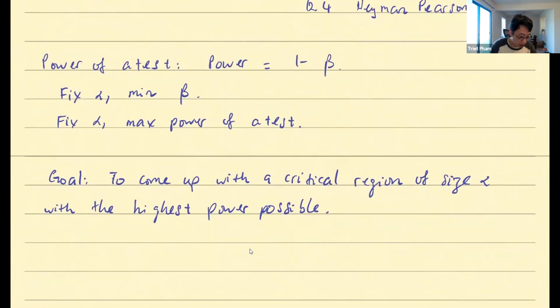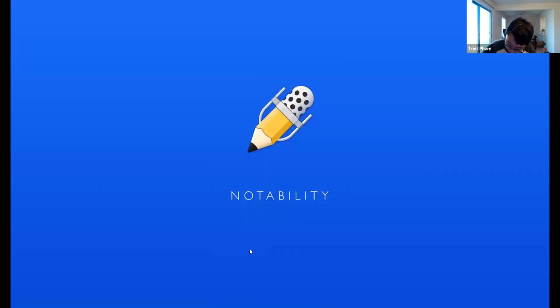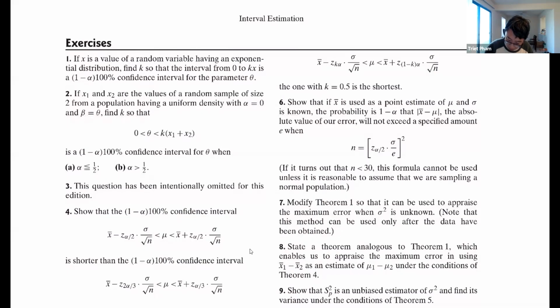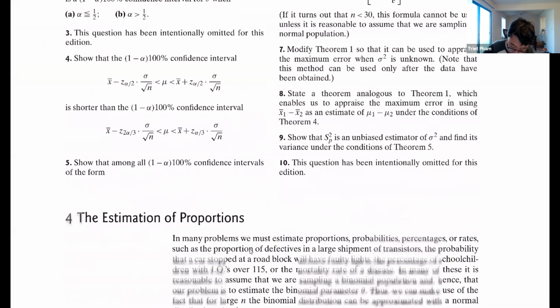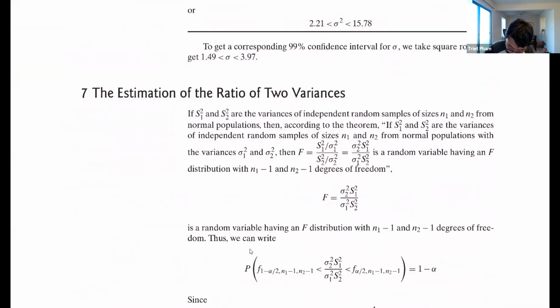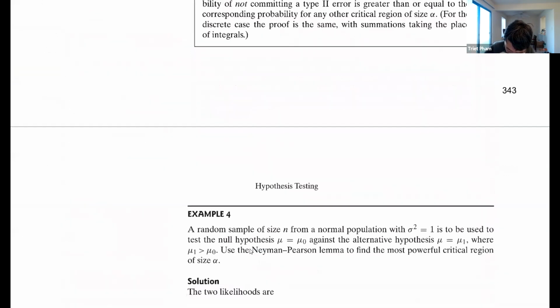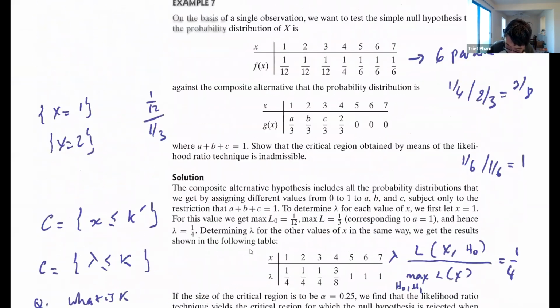So let me show you a curve from the textbook. Let's see where we are here. 342. Oh, right here.